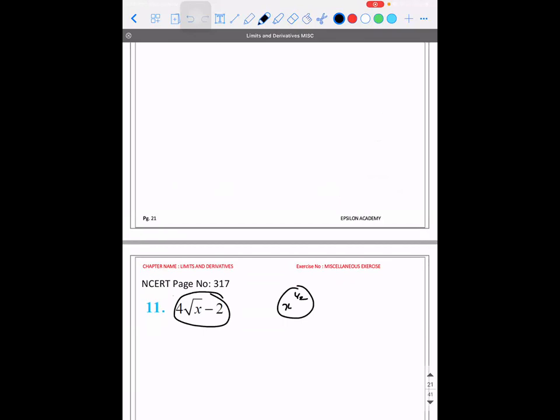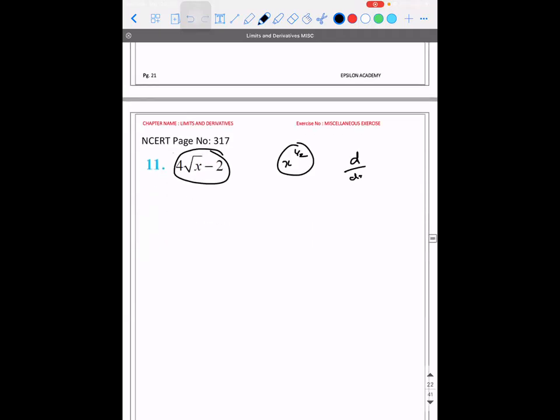Tell me what is the answer. So I got 2 by root x. That's right.